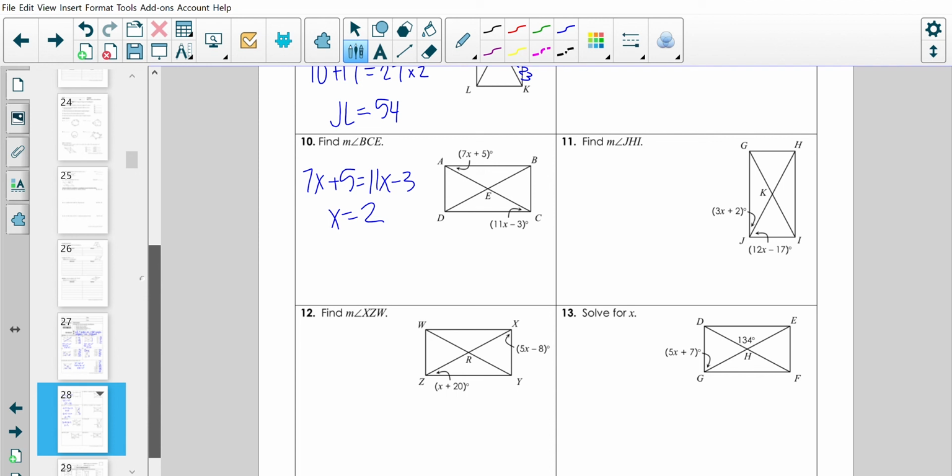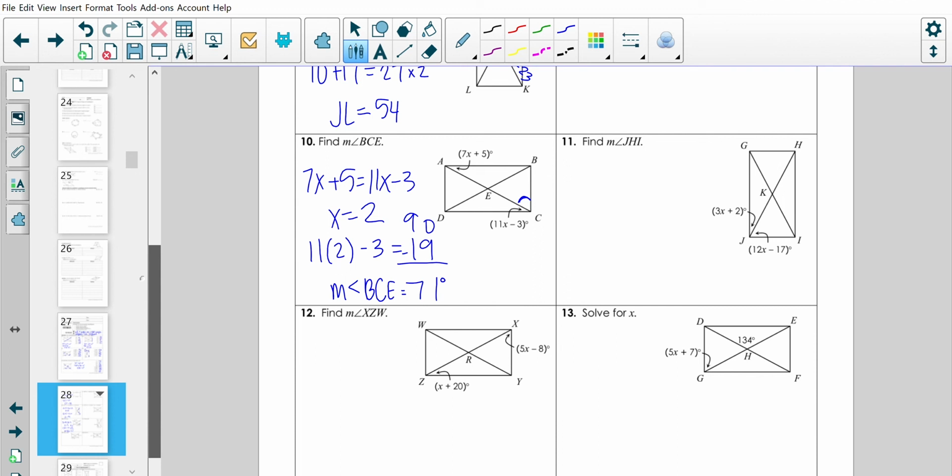So we're ultimately trying to find this. What do we need to do first? Plug it in. And you get 19. Then you did what to get 71? Subtracted from 90. So 90 minus 19 gives you 71. So the measure of angle BCE is equal to 71 degrees.